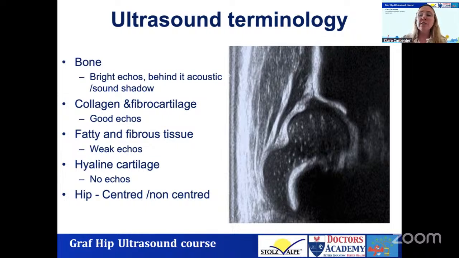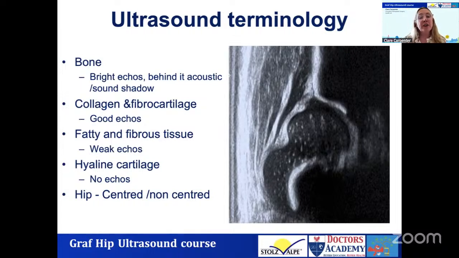So bone will be quite intense, bright echoes, beyond which the beam cannot pass. So then you have an acoustic, or what we call a sound shadow, which will appear quite intensely dark or black on the ultrasound image.